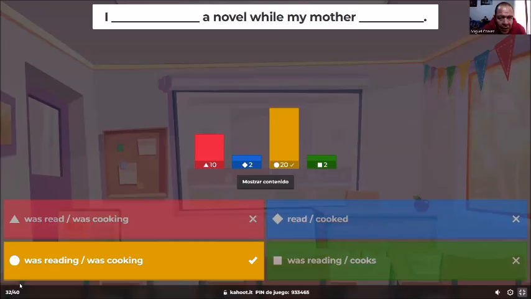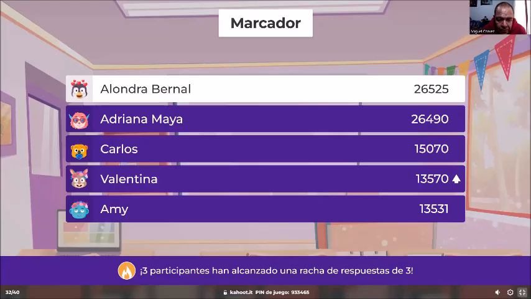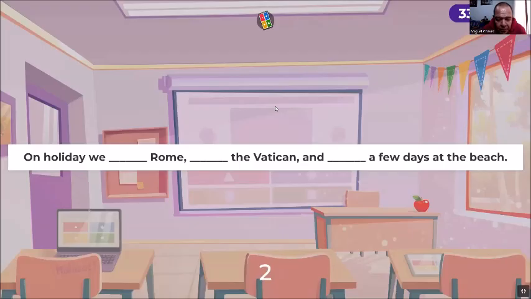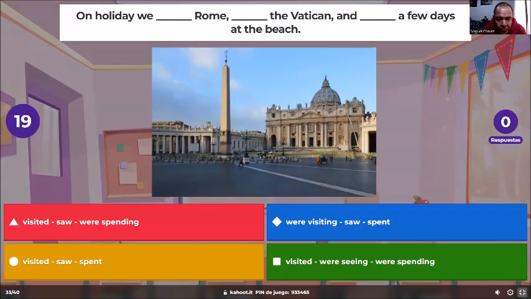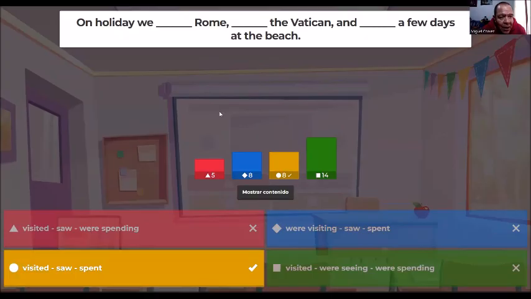I was reading a novel while my mother was cooking. In this sentence, we describe a scene again.